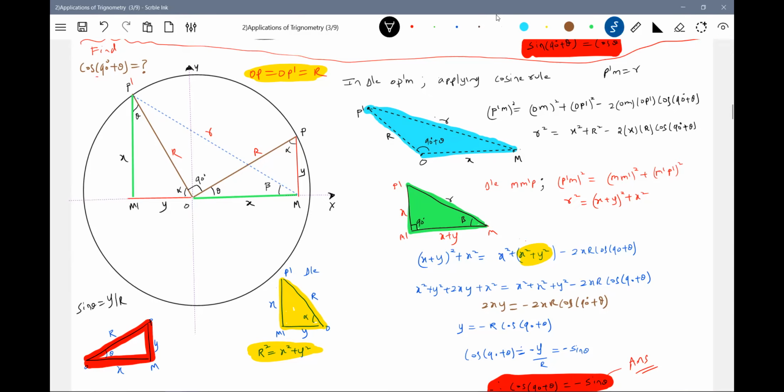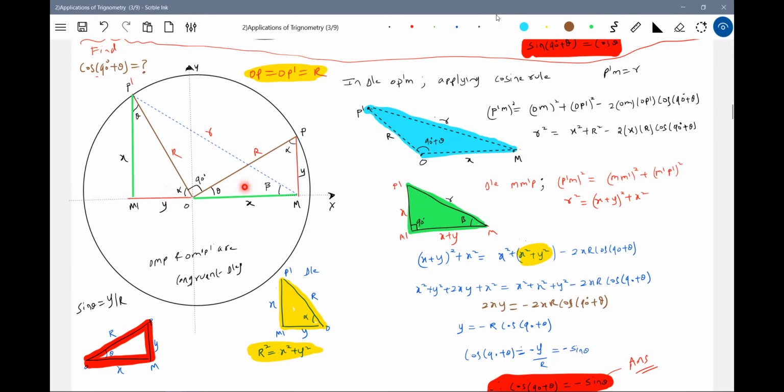OMP and OM dash P dash are congruent triangles. So based on that, the sum of these two should be, if this is the height, this will become the base.